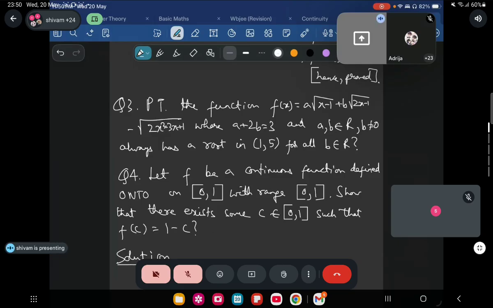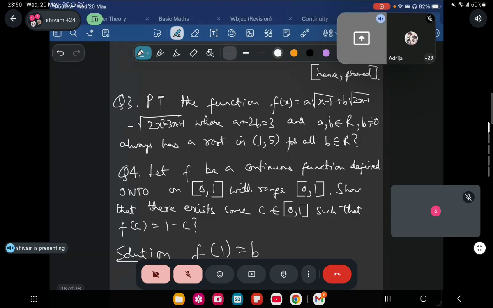we need to prove that it always has a root in 1 comma 5. So let us find out what is f of 1. F of 1 is equal to b. And what is f of 5?